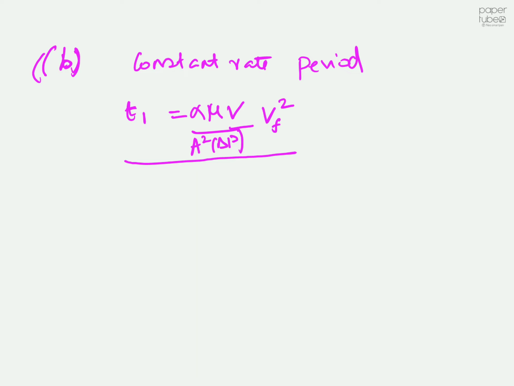I'm going to call this parameter a constant. Everything that you see here is a constant. Alpha is a constant, mu is a constant, rho is a constant, divided by A squared, multiplied by delta P. Everything is constant, multiplied by Vf squared.